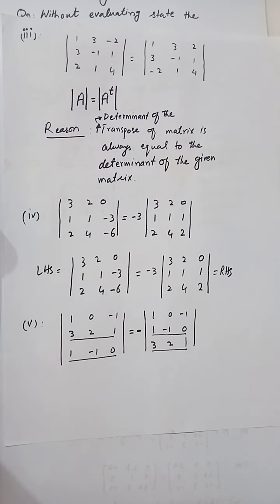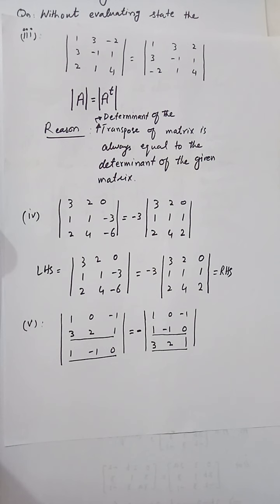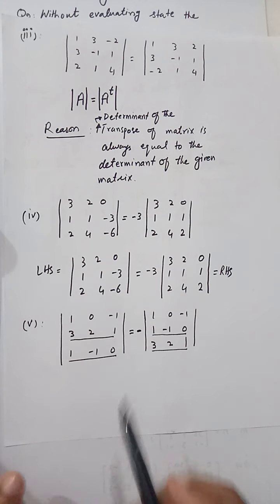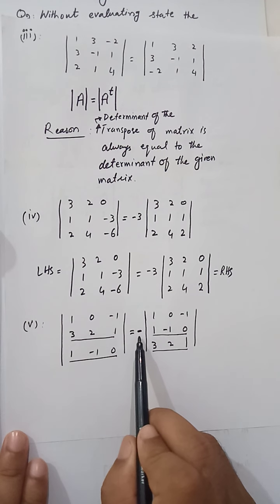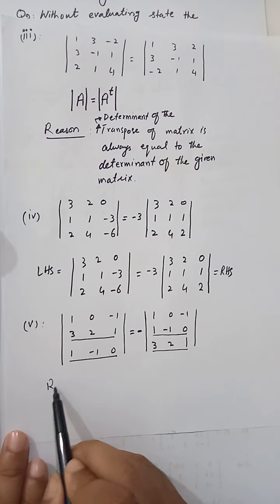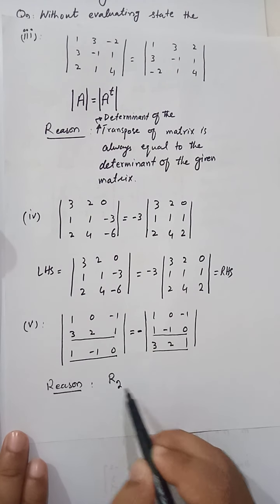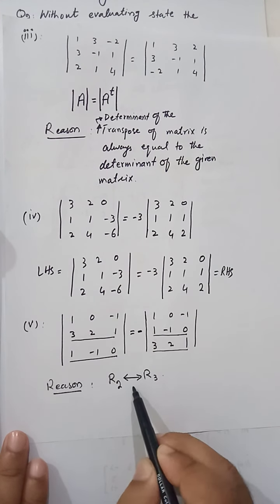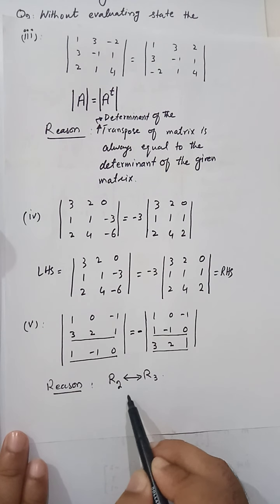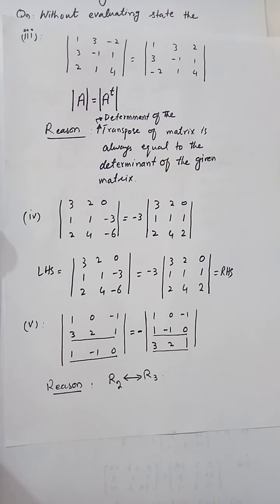You can write the reason: when you interchange two rows or two columns, the determinant differs by a minus sign. Here R2 and R3 are interchanged, which is the symbolic way to write it. So this is the reason for part number 5.